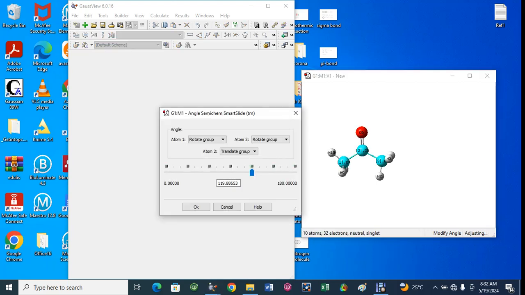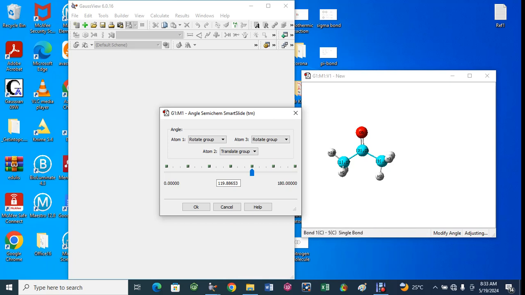Now you can see it has translated. This is the bond angle between these particular three carbon atoms. This carbon atom has two neighbors. If I want to get a bond angle, I must select at least three atoms.